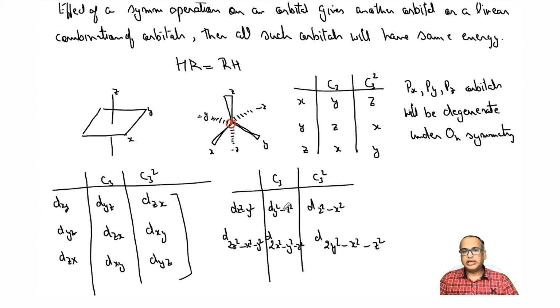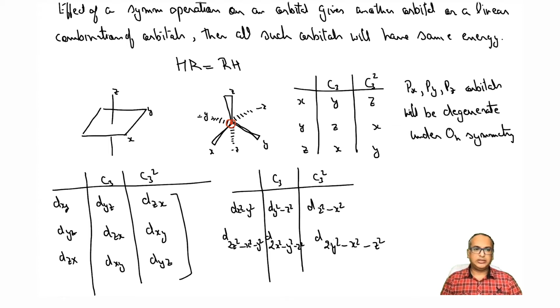Now it is not easy to see whether these two orbitals are the same or are getting interconverted. But let us look at it more carefully, since we have also said that it could be a linear combination of each other. So let's see if this particular orbital is a linear combination of these two or not.